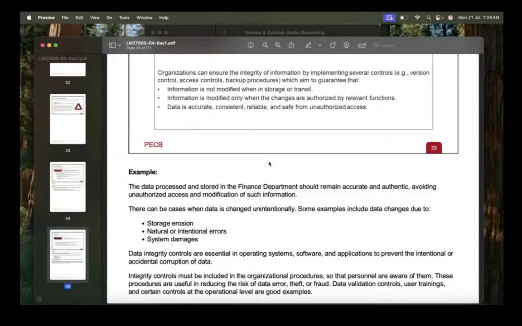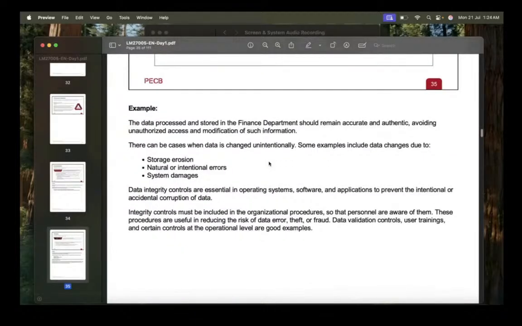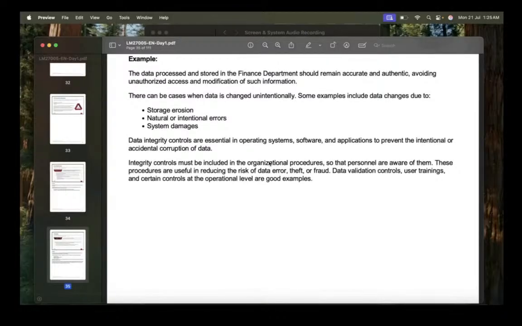Data integrity controls are essential in operating systems, software, and applications to prevent the intentional or accidental corruption of data. This is actually very common these days in organizations. They definitely use a lot of such tools to save and protect their data. Integrity controls should be included in the organization's procedures so that personnel are aware of them.